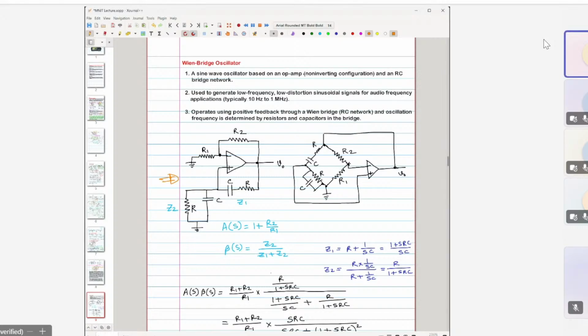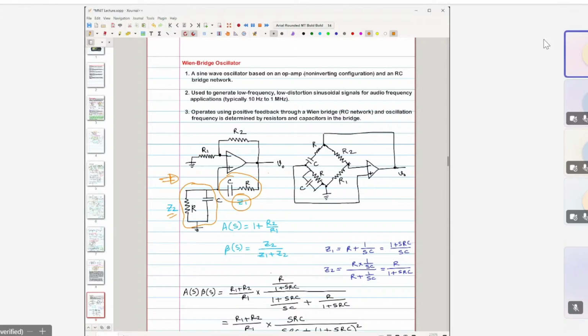This RC network part which is in series, let us say the impedance is Z1, and this RC network which is in parallel, let us say this impedance is Z2.